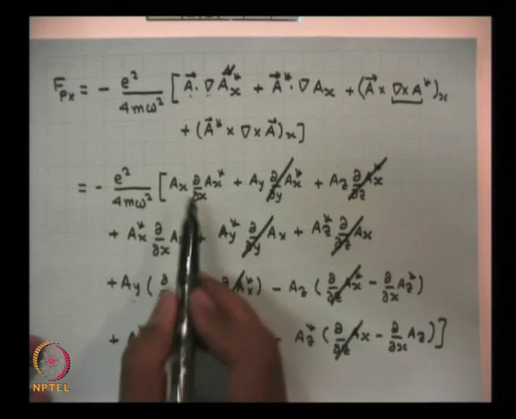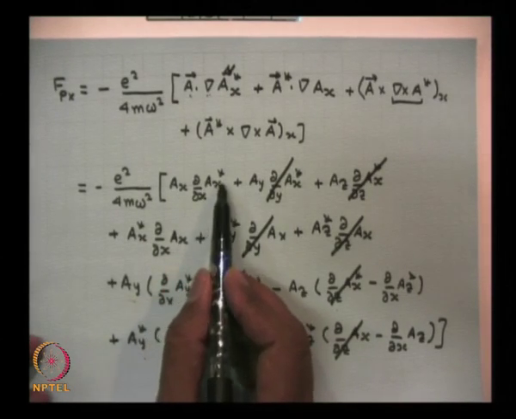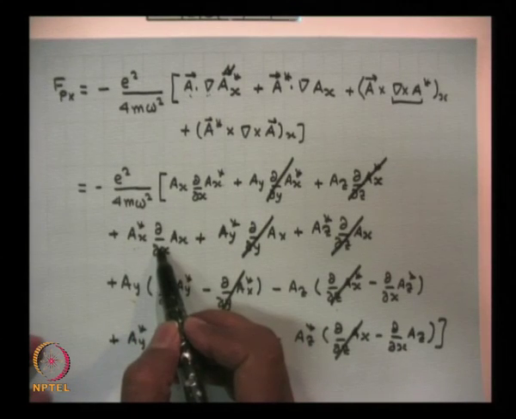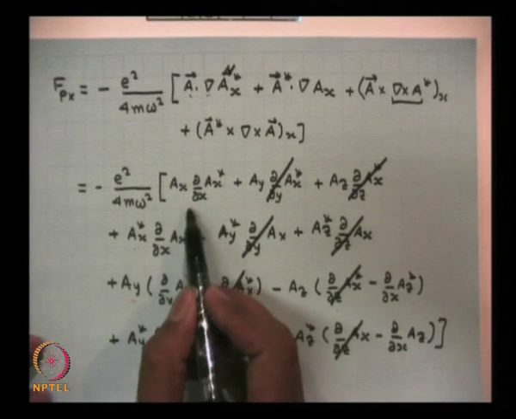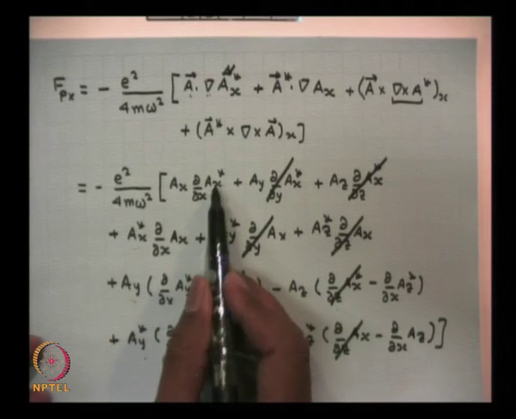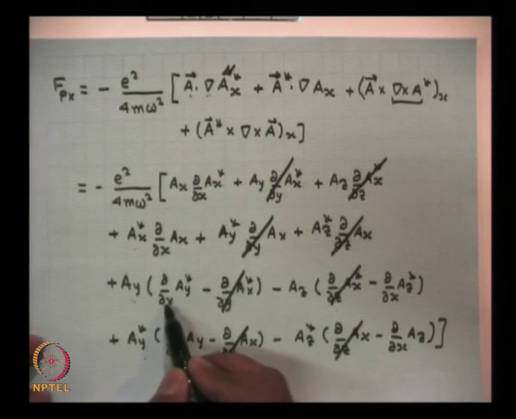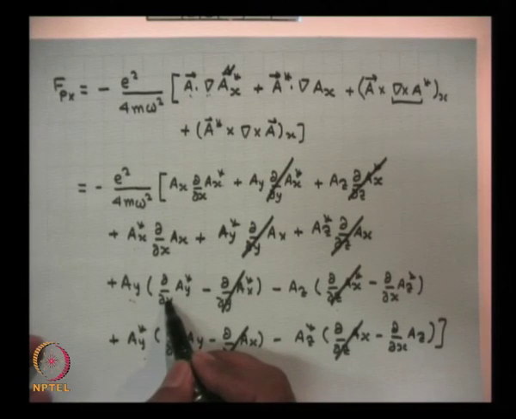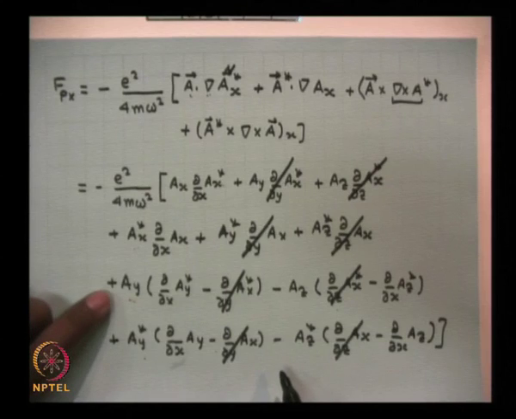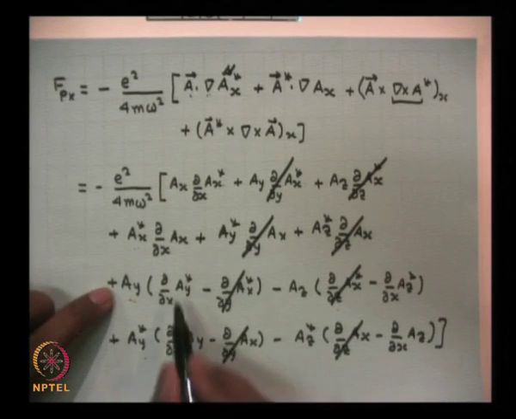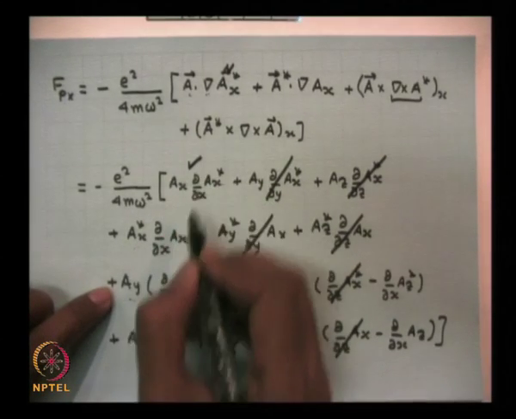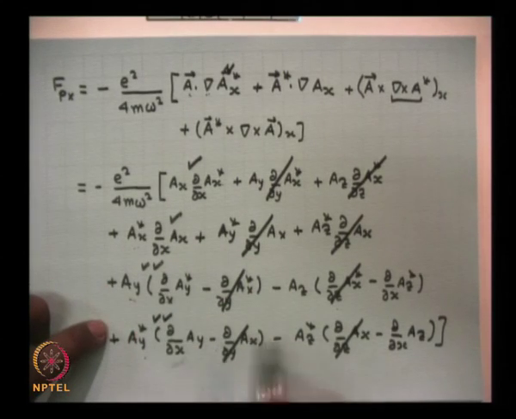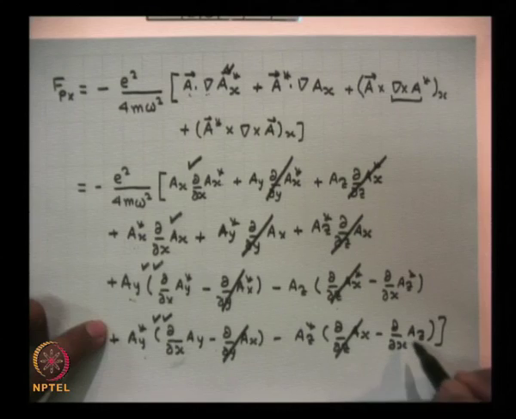What you are left with, this is Ax ∂/∂x of Ax*, and these two terms can be combined, to become ∂/∂x of Ax*Ax. Similarly, this term can be combined with the Ay term, and this term can be combined with the last one.